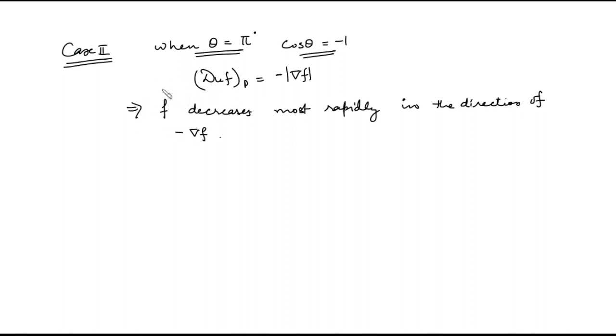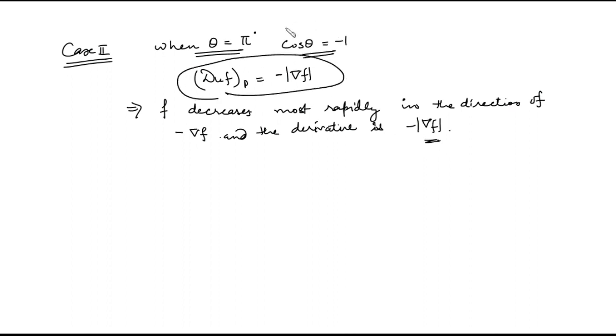So the derivative of f will be minimum in the direction of minus of del f, and the value of the derivative is minus of mod of del f, right? Because you can substitute the value of cos theta, which is -1, and you are left with minus of mod of del f. Now the third case, the value of the derivative will be 0 when your theta is 90 degrees.